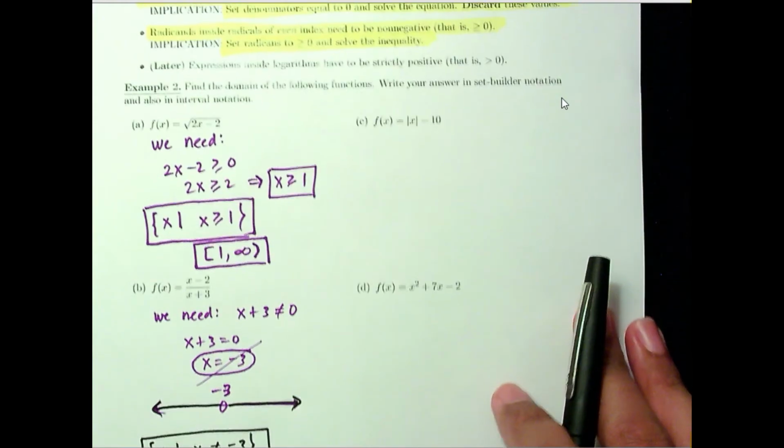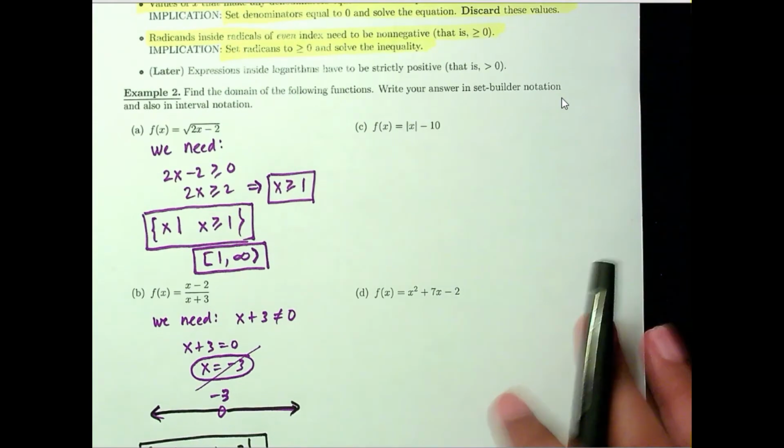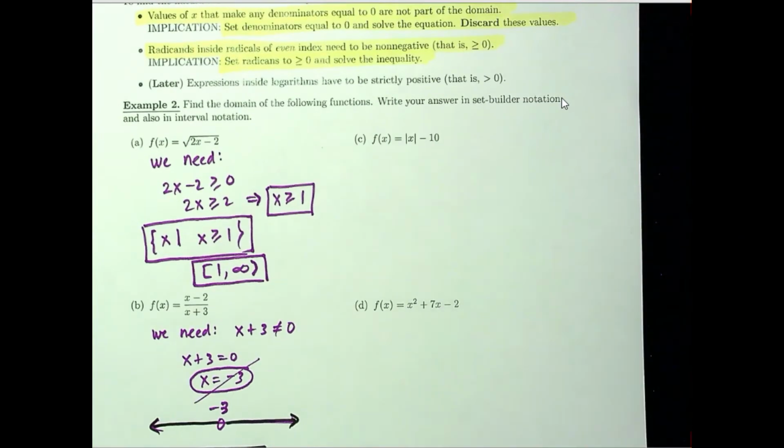Now let's look at C and D. C says f of x equals absolute value of x minus 10. First bullet point, if there's any denominators that have variables, set the bottom equal to 0. Well, there's no denominators, so the first bullet point does not apply.